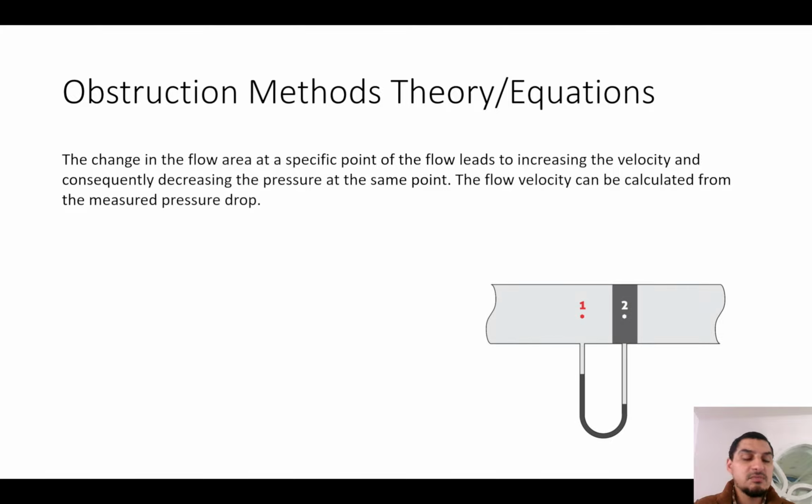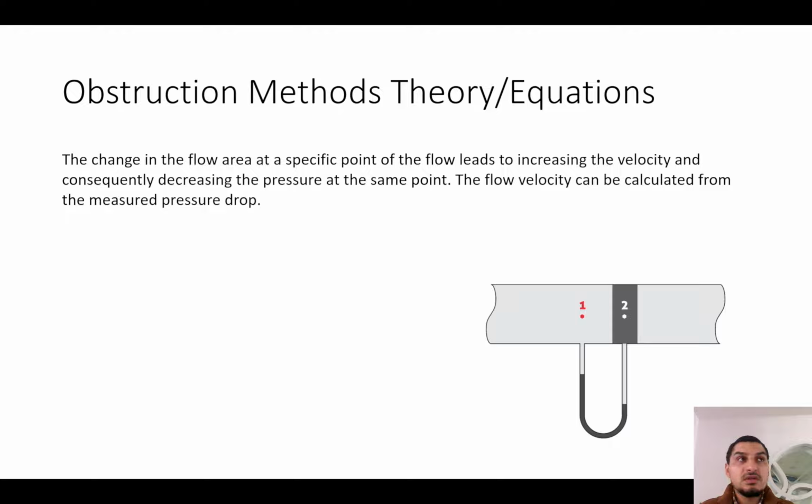And this is simply what we do: we have a fluid flowing, and we intentionally reduce the flow area. This is why we call it the obstruction method, that we obstruct the flow, making it go through a smaller cross-sectional area. So when the fluid flows through a smaller cross-sectional area, the velocity increases and the pressure decreases, and we can measure the pressure drop easily using a manometer or any other device.